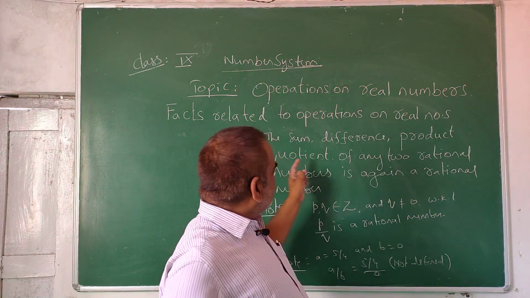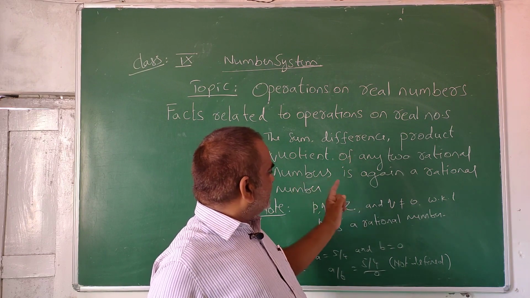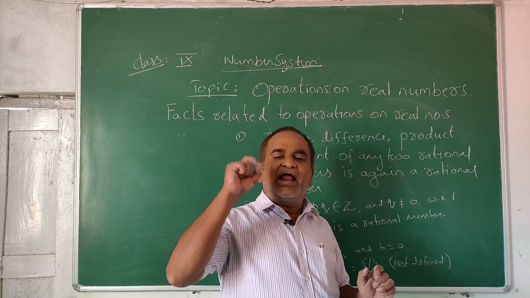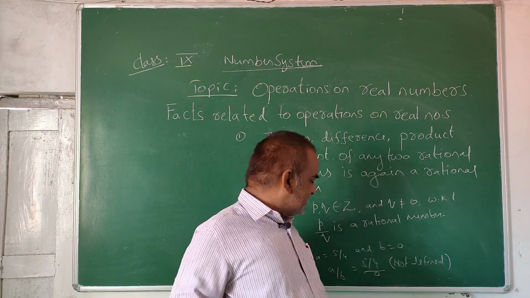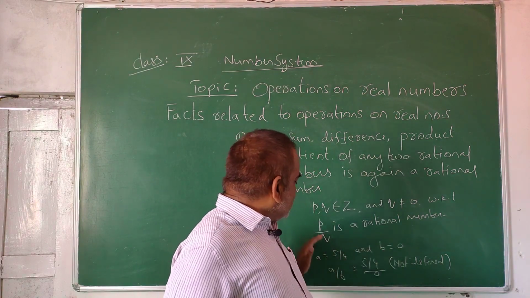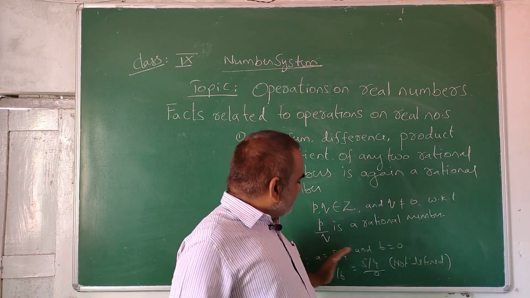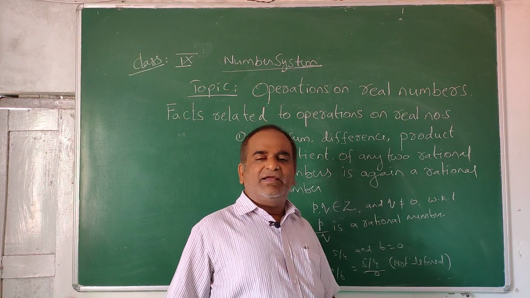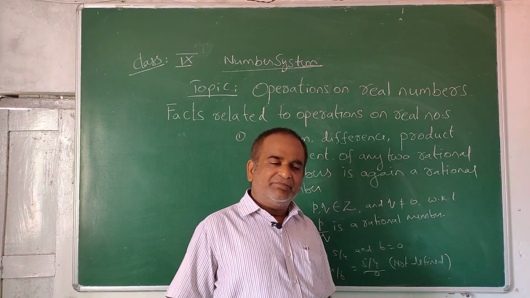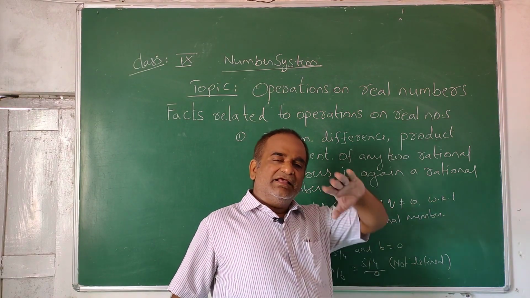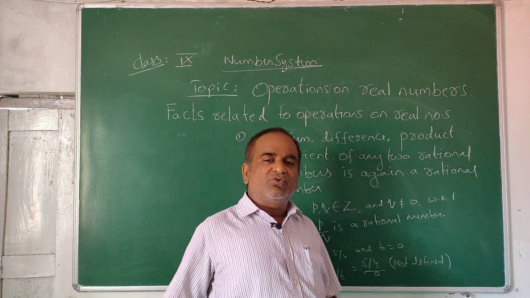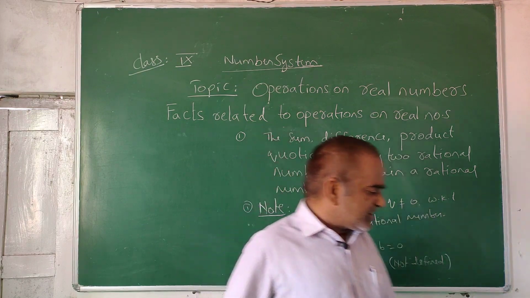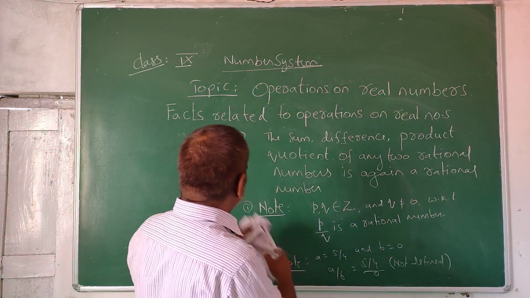So, the quotient of two rational numbers being a rational number is 100% correct, only in one situation it is not correct, when the denominator is 0. Keep this in mind: if the denominator is 0, that will become an undefined number. Except in that case, in all other cases, the quotient of two rational numbers is a rational number. Understood?